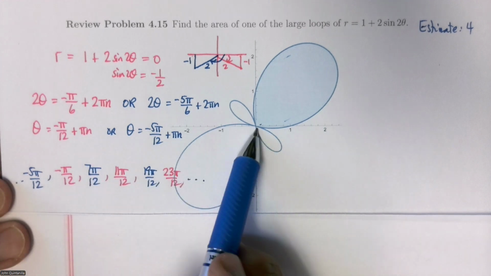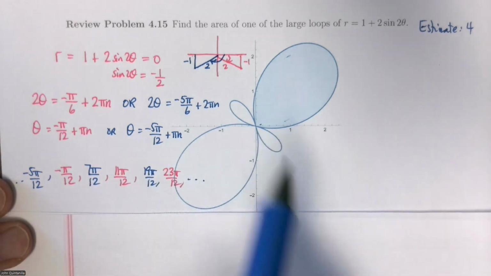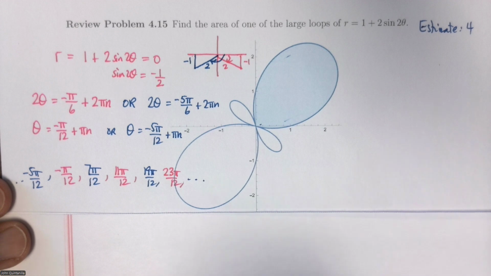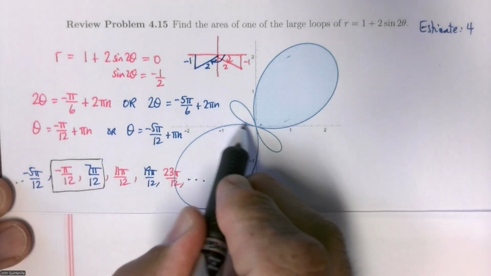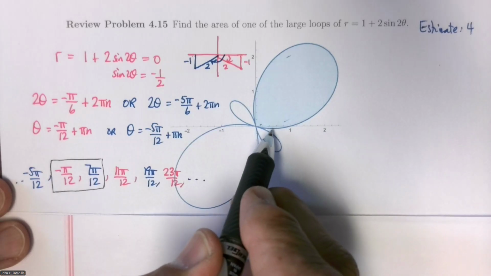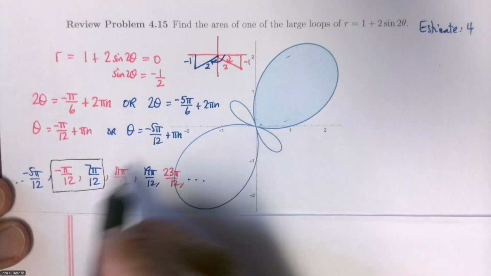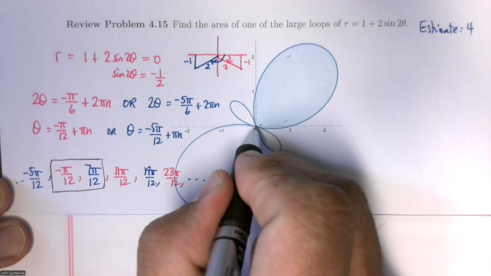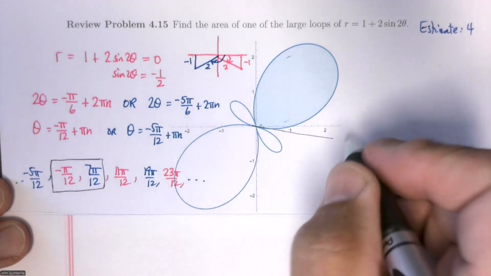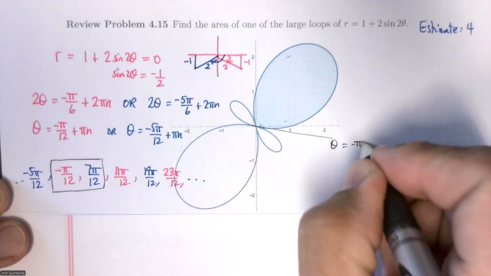Now, what about the picture here? One reasonable boundary would be to take these two. Negative pi over 12 is in quadrant 4, just a little bit less than 0, and that looks like this edge going out this way.